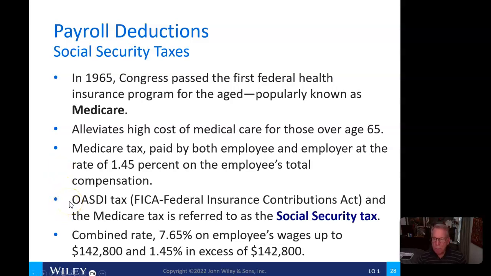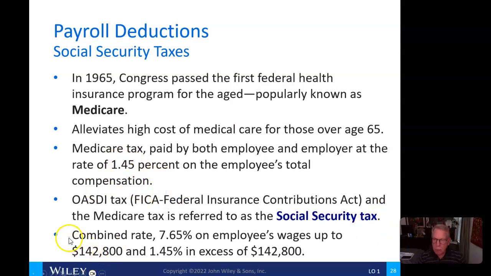Okay, so the OASDI tax, that's FICA, standing for Federal Insurance Contributions Act, and the Medicare tax, sometimes referred to as the Social Security tax. So I call it FICA Medicare and FICA Social Security.